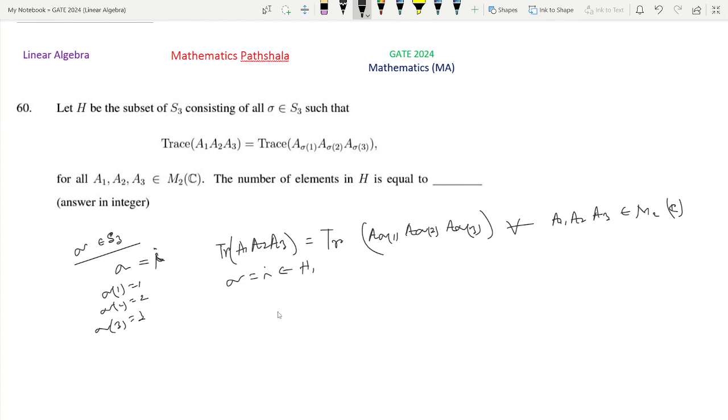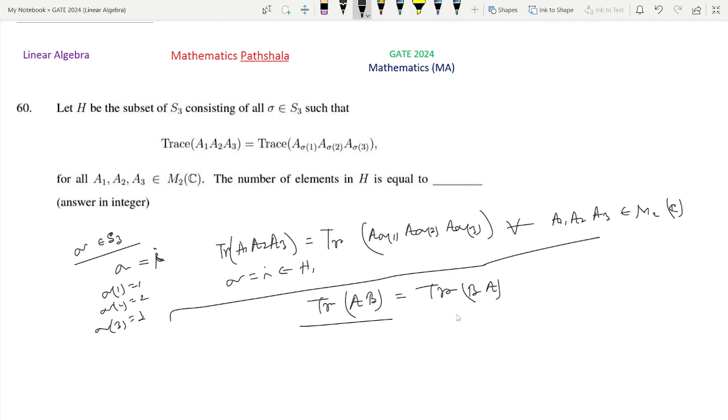Now we will use one result that we know: trace AB equals trace BA. This is a standard, well-known result. First take arbitrary A1, A2, A3 belonging to M2(C) and start from trace A1, A2, A3 and see what it can be equal to.